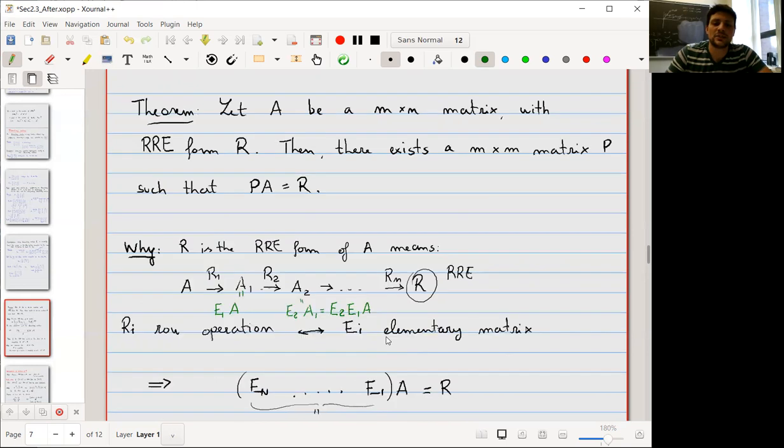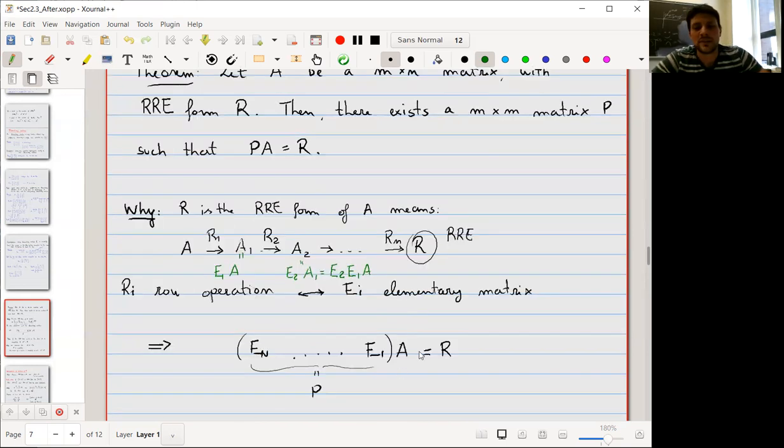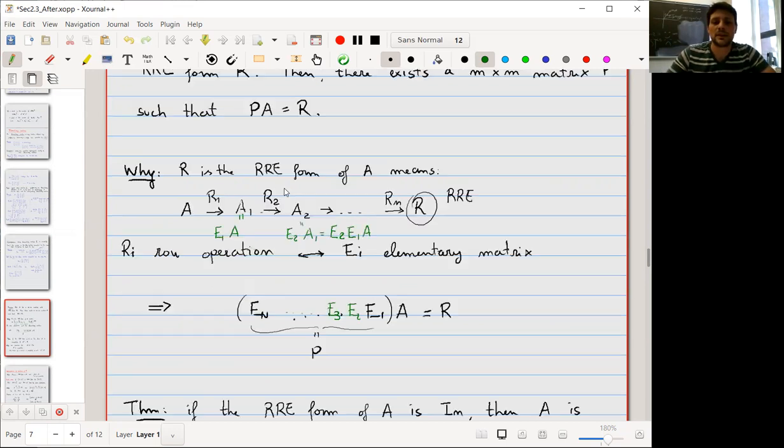What I want to get to is the following equality. I can get to R by starting from A and then multiplying by E1, and then E2, E3, all the way up to En. I collect all these matrices into a product, and I call that P. And that's the P in the theorem.